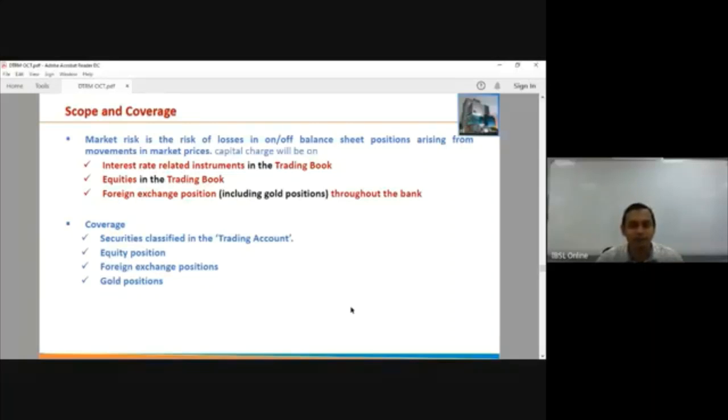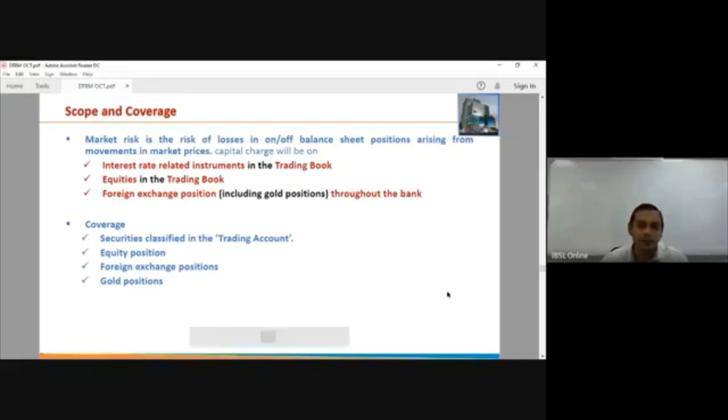And FX risk, of course, we cover the entire thing, and any other risk. So there are partly covered risks under Pillar 1; certain risks we fully cover, certain risks we partly cover, certain risks we don't cover at all. Those risks, the capital charge for those risks, will be captured under Pillar 2.